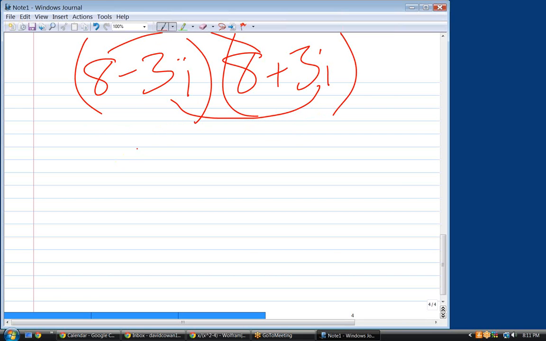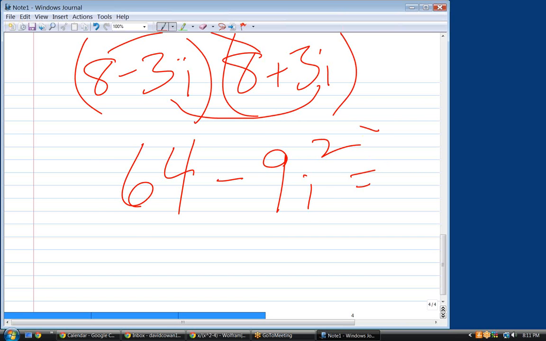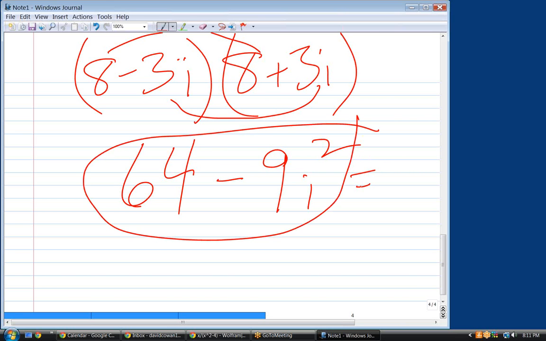So the first term is what? 64. What's the last term? Minus 9i squared, okay. So what's that simplified to?